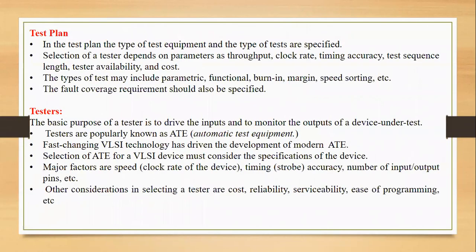Next comes the test plan. The previous one was test specifications; here we have the test plan. In the test plan, the type of test equipment and the type of test are specified. The selection of tester depends on parameters such as throughput, clock rate, timing accuracy, test sequence length, tester availability and cost.